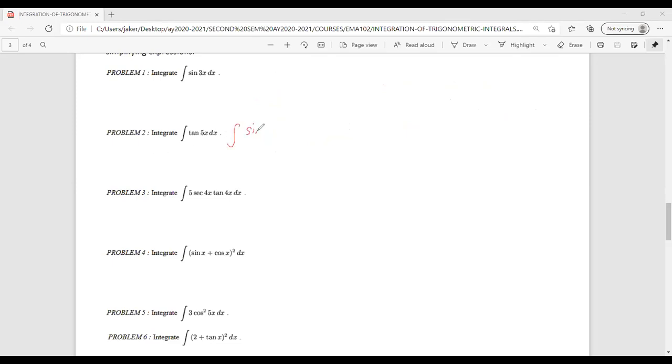Integral of sine 5x over cosine of 5x dx. I will try to rewrite it into an expression so that you will see right away what I'm doing. So I will have here sine of 5x times 5 dx over cosine of 5x. I place a negative here, and I place a negative 1/5.